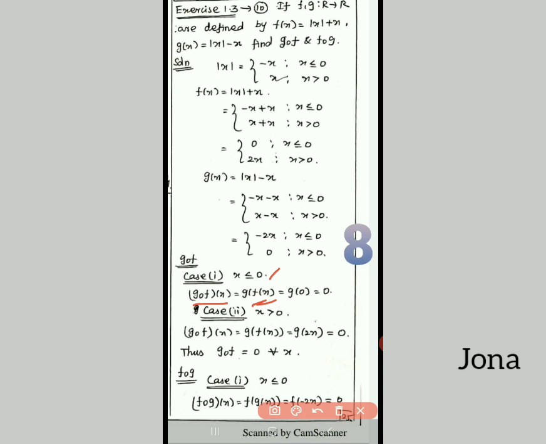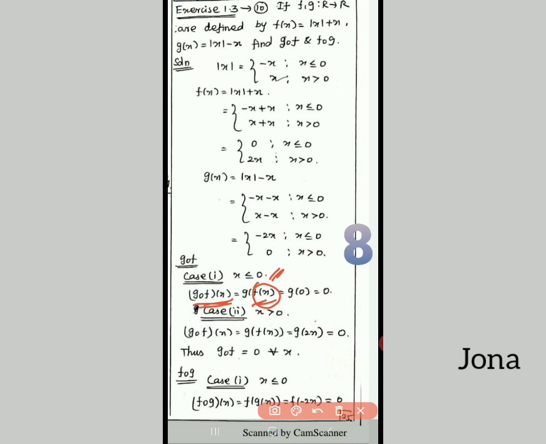If it is g dot f, that means g and f are the functions. So g dot f of x, we can change the brackets here so that it is g of f of x. Here in g of f of x, in this f of x we have to substitute in this condition x less than or equal to 0.